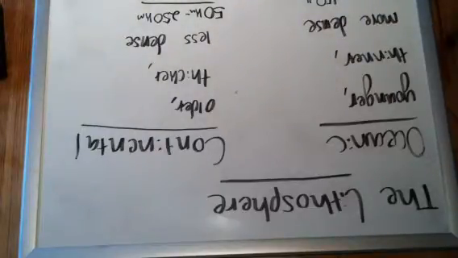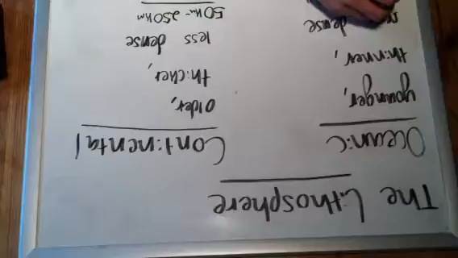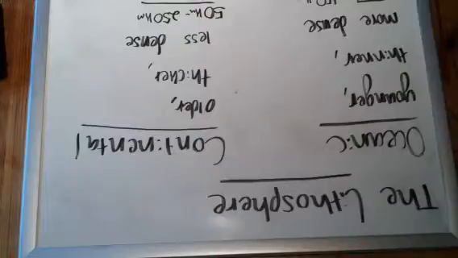But as far as oceanic crust goes, or oceanic lithosphere, excuse me, at mid-ocean ridges, it can only be as thick as the oceanic crust is, because that's where you have magma from the mantle rising up into the oceans at mid-ocean ridges.